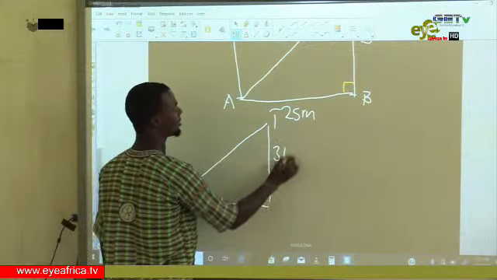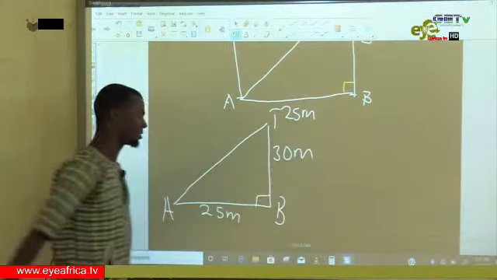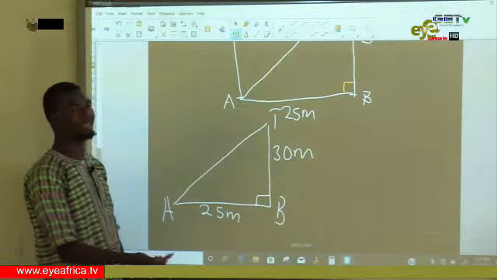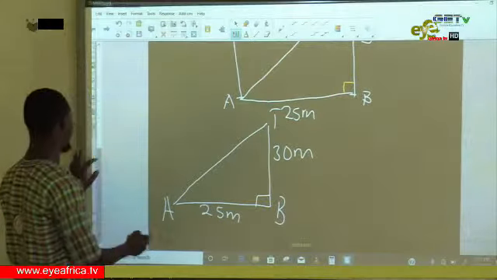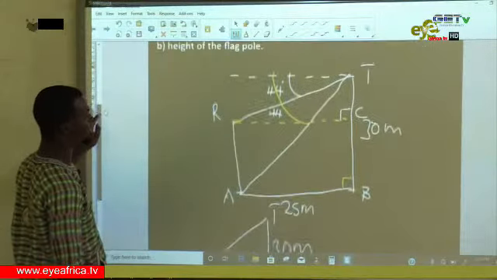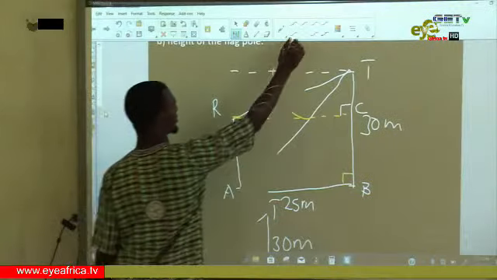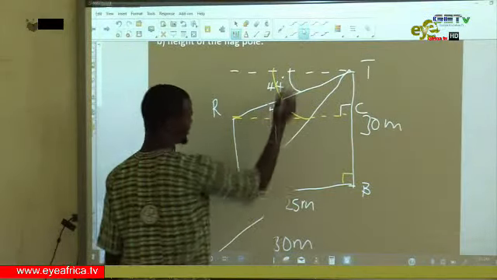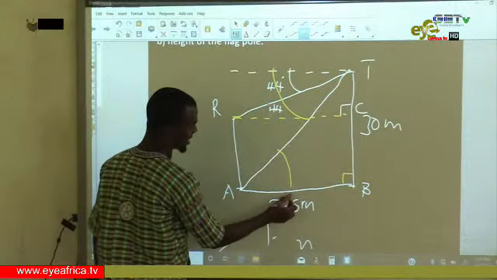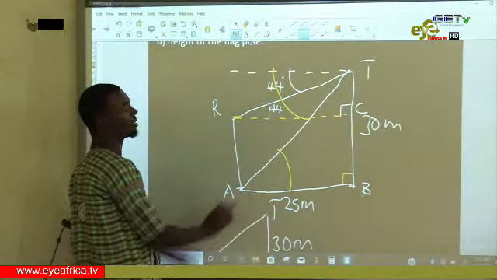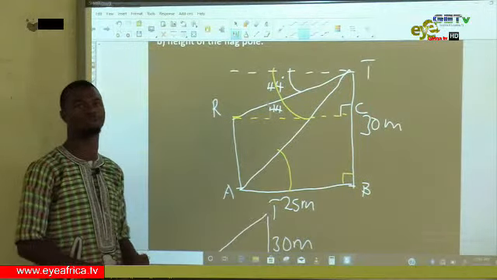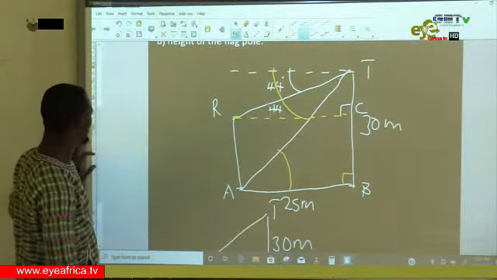This is 30 meters. And we are asked to find the angle of depression. The angle of depression is alternate to this other angle here. So if we find this angle, it is equal to the angle of depression to the foot of the pole.